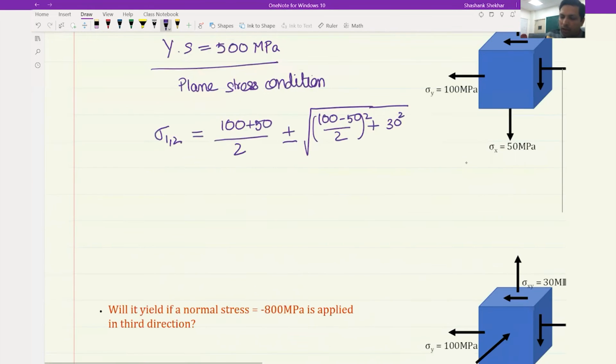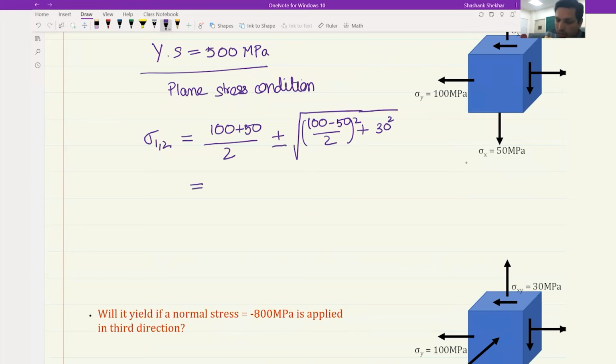And when you calculate it, you would see that the two values would come to the principal stresses in megapascal. And since it is a plane stress condition, the third one also exists there, and therefore there is a third stress, which is 0 megapascal.